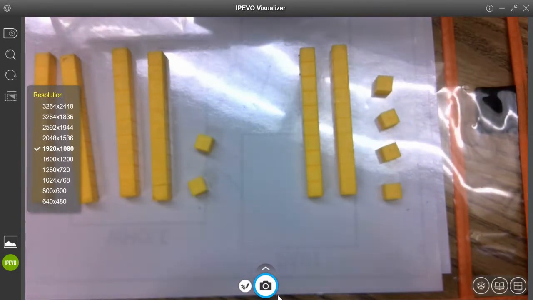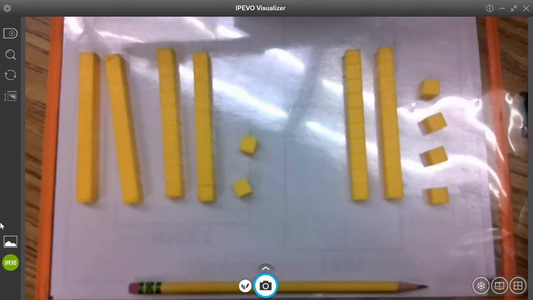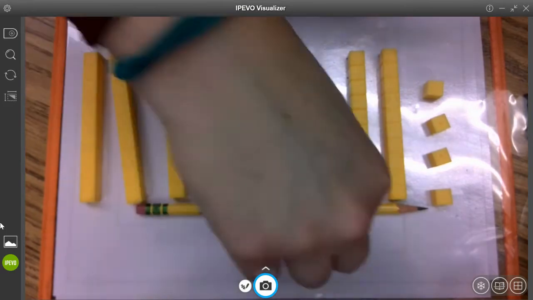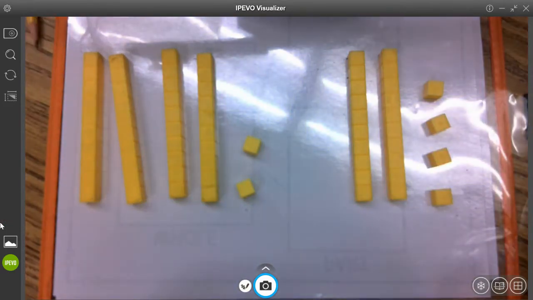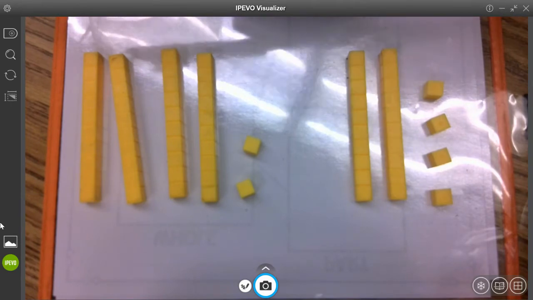Okay, now when I look at those two models of numbers, I can easily see that here I have 4 tens and 2 ones, and over here I have 2 tens and 4 ones.